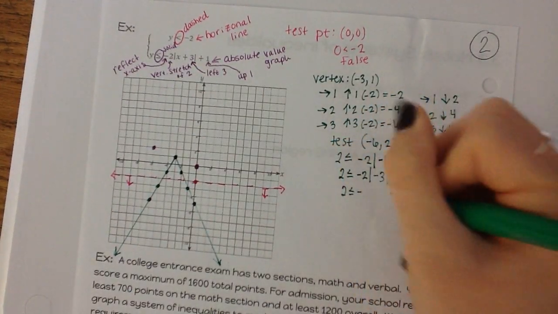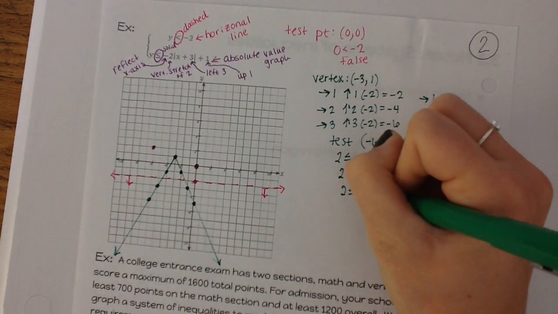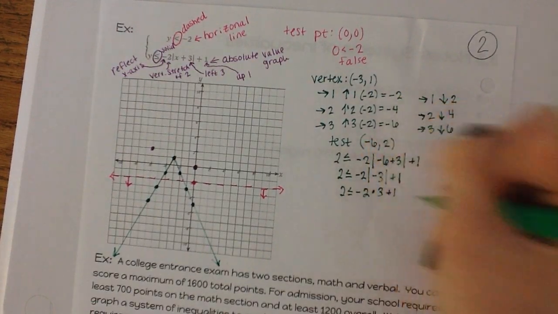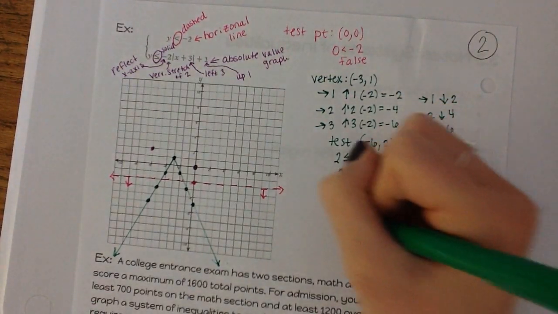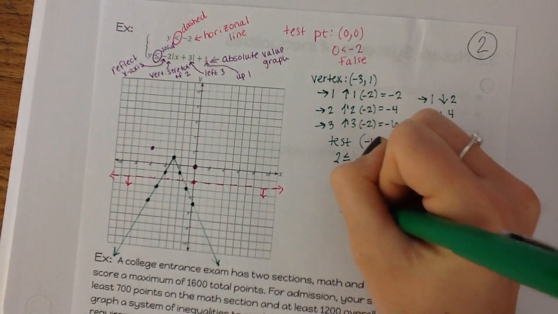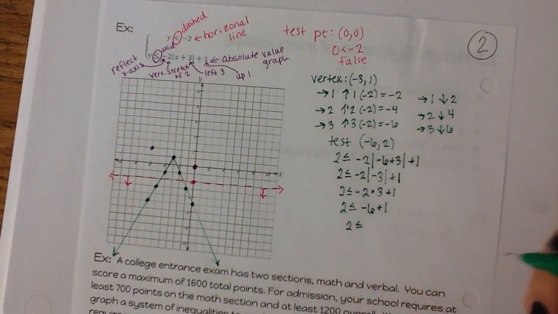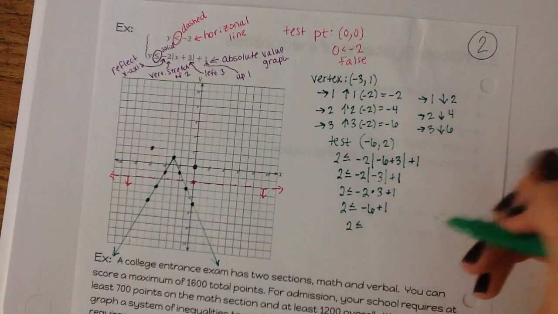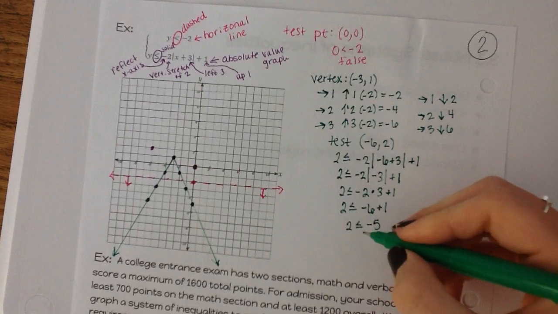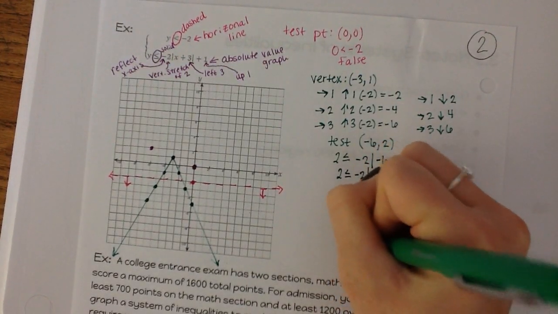The absolute value of negative 3 is 3, so we have negative 2 times 3 plus 1. So 2 is less than or equal to negative 6 plus 1. Last step, 2 is less than or equal to negative 5. Is 2 less than or equal to negative 5? No, it is not, so that is false.